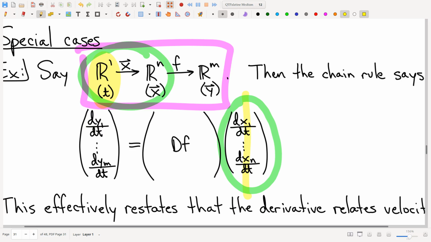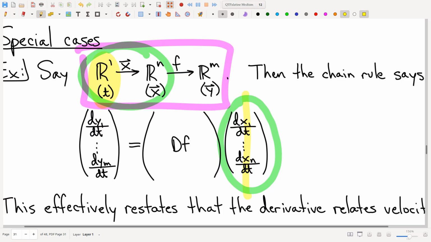The other thing I want to point out, let's think about what kind of a function this is. I've got x, several coordinates, several variables, x, functions of a single input. You might say position as a function of time. That's a parametric curve. So I can think of this as a parametric curve in Rn, at which point the derivative matrix we talked about last time in 3.1 is the velocity of that parametric curve.